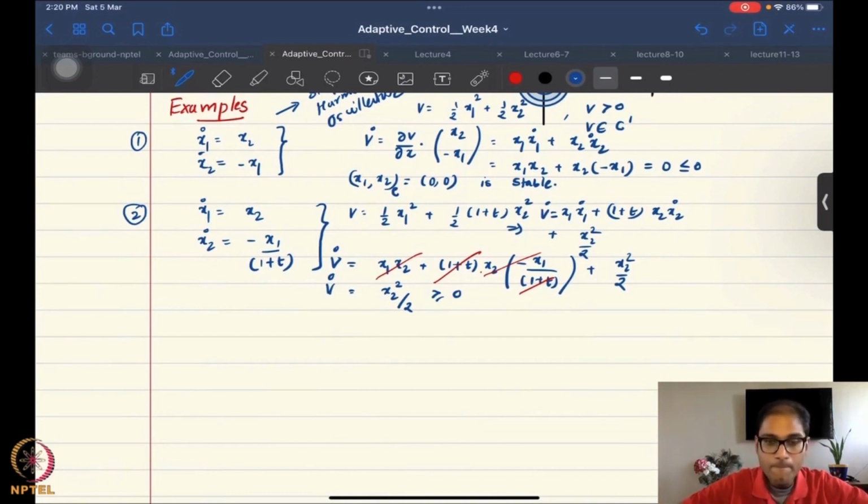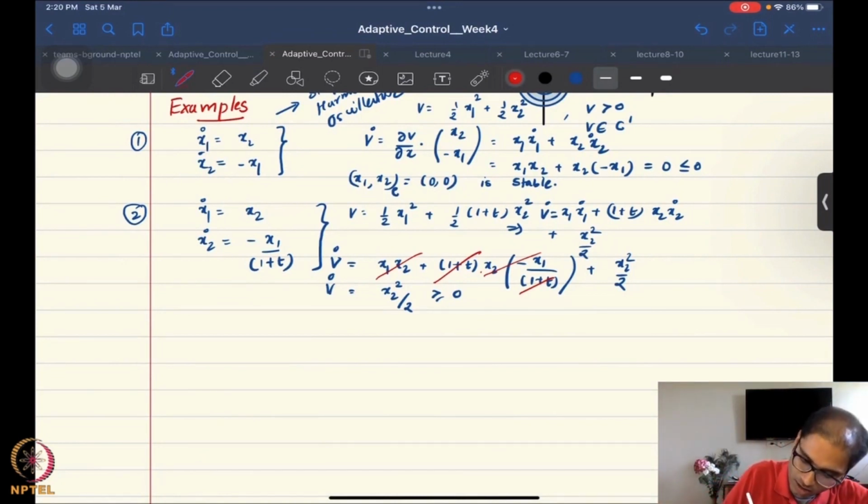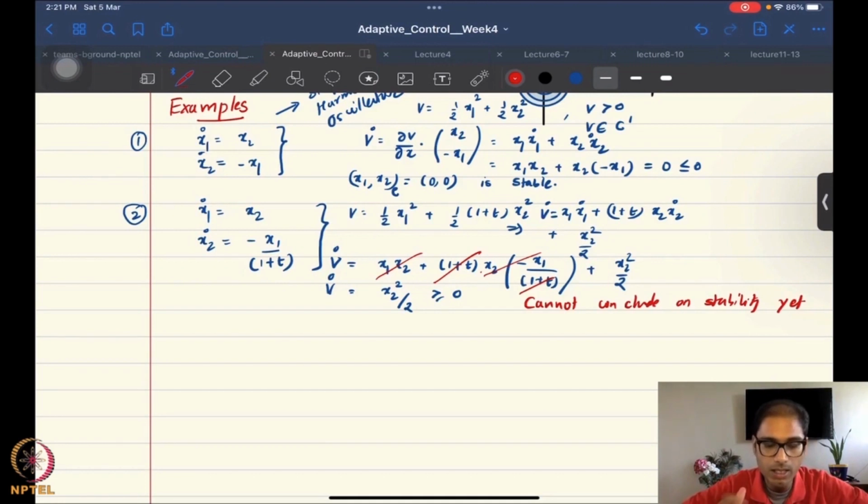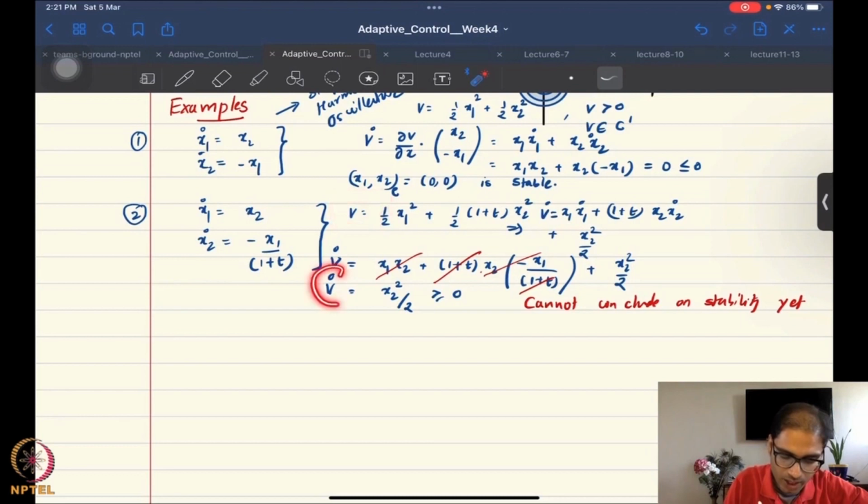So what's the outcome? The outcome is we cannot conclude on stability yet. This is one of the issues with Lyapunov functions, so you should be aware of it from the get-go. Just because I chose a function v, in fact it was the second choice, and found a v dot which did not satisfy the nice properties that I wanted, does not imply that the system is not stable or asymptotically stable.